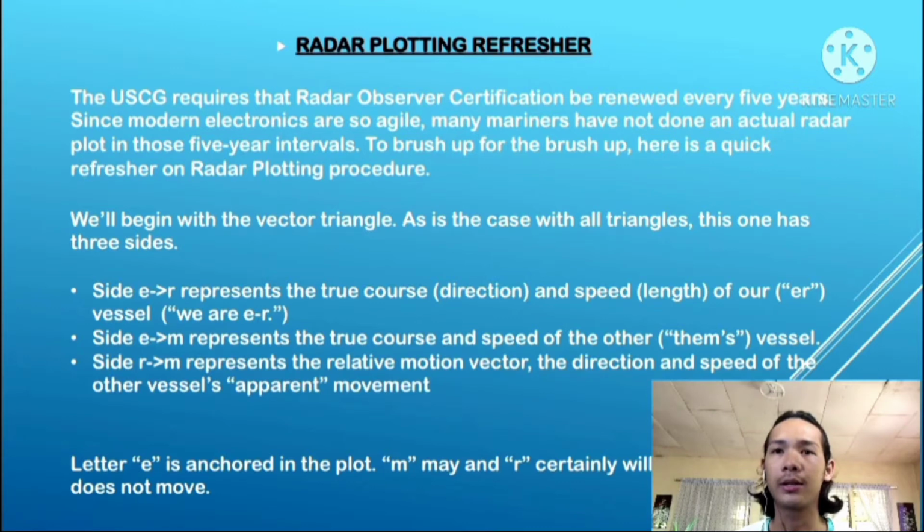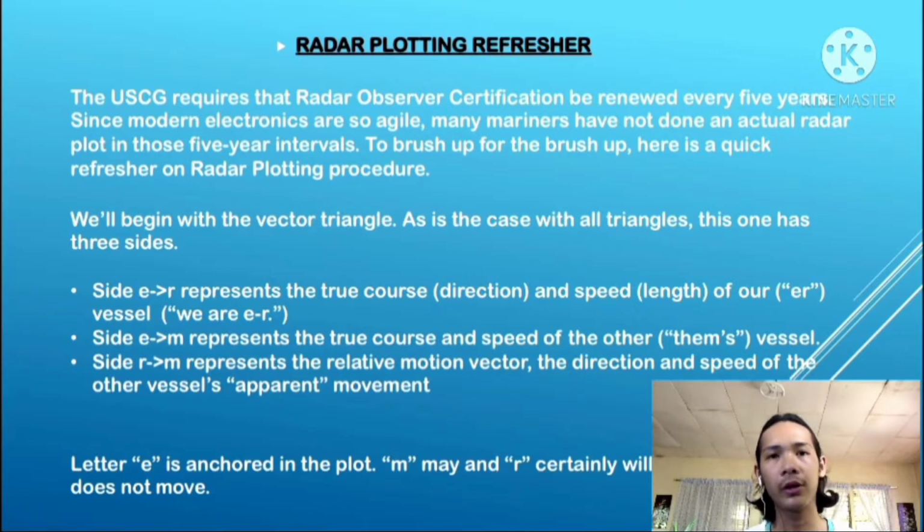As is the case with all triangles, this one has three sides. Side E to R represents the true course, or direction, and speed of our vessel.